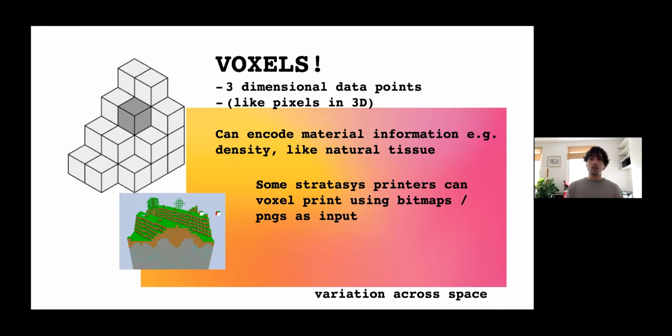And you can obviously encode information at each data point. And it gets very interesting once you transform this into physical materials. So you can have different materials at different points and have very fine control over the distribution of those materials. So you can have things like gradients and properties like anisotropy, so different properties in different dimensions, which is much more like natural tissue and natural structures.